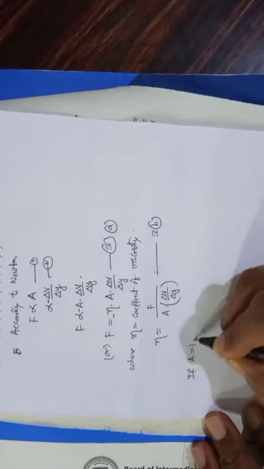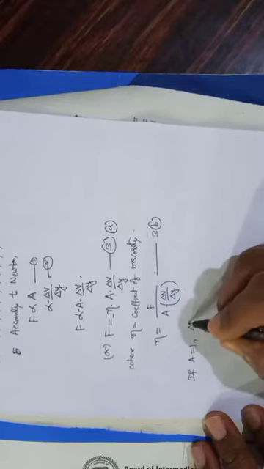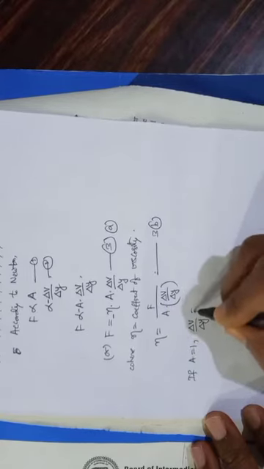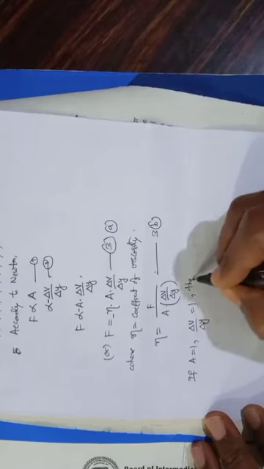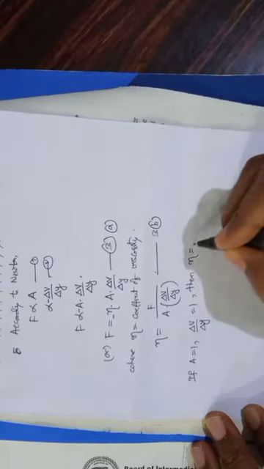So let me write here, if A is equal to 1 and delta V by delta Y is equal to 1, then eta becomes equal to F.